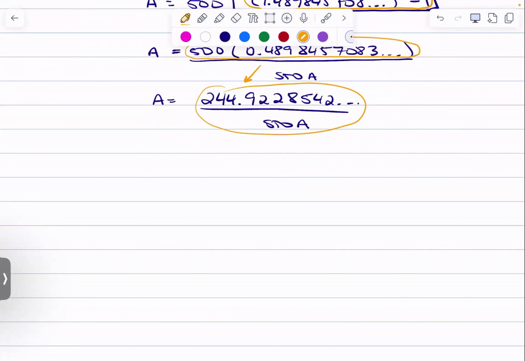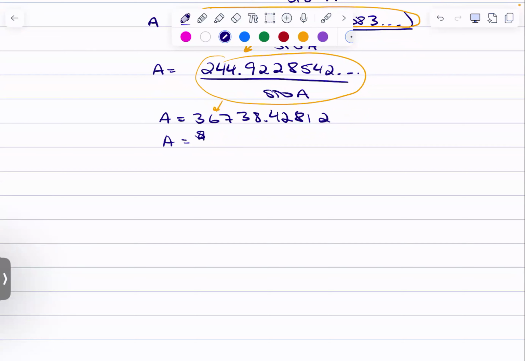Now I can take this, my last step. A is going to be whatever's on my screen divided by recall A. And I get 36738.42812. My pen is glitching.